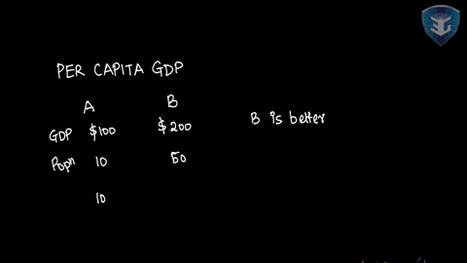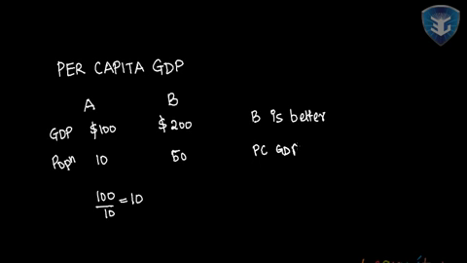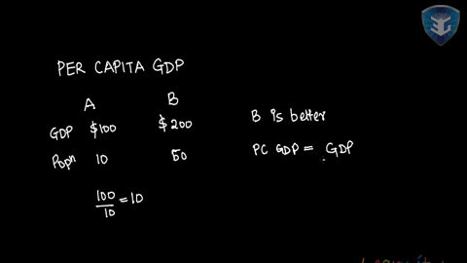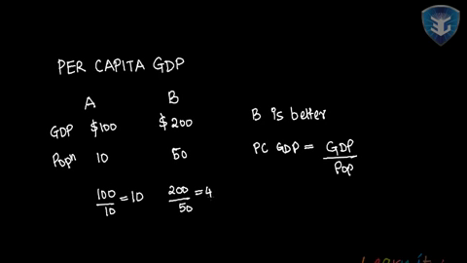Every individual is getting 10 units of GDP in country A. So per capita GDP, that is GDP upon population, in country A is 10, while in country B it is 4. Now which country do you think is better? Country A or country B? Of course country A.